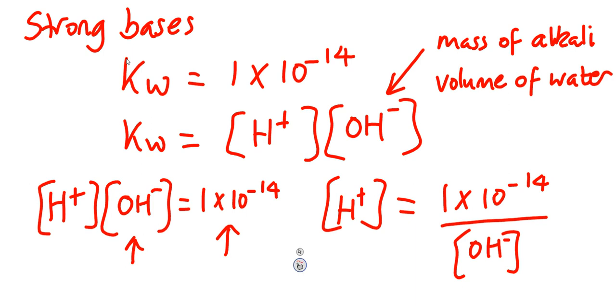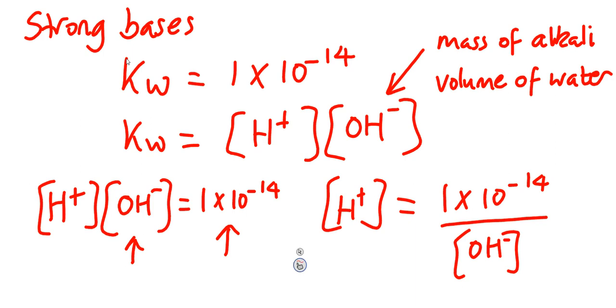And from the mass of the alkali and the Mr of the alkali, you can calculate the number of moles, and from the number of moles and the volume, you can calculate concentration. So it's a way of them testing things that you did earlier in the course to do with concentration equals moles divided by volume, Mr, moles with a mass on the top type calculations, and then bring that into the context of pH calculations. So that's something that they could do to make it slightly more complicated.